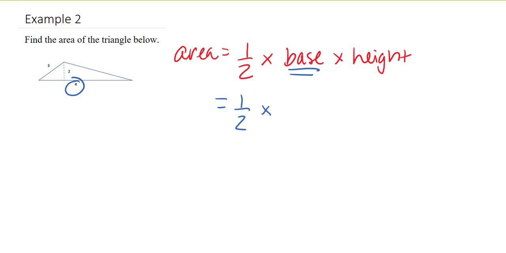So we got 1/2 times 4 times our height, which is 2, right? This is our height of 2. This is the number we actually don't really care about. It doesn't actually give us anything to help us solve for this problem. So we don't really care about that information. It's just there to tell you what the length of this side is right here, but it doesn't matter. So our height is 2.